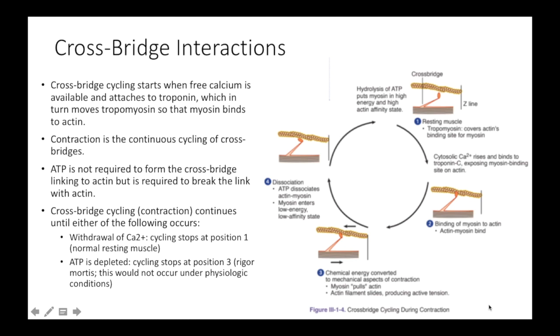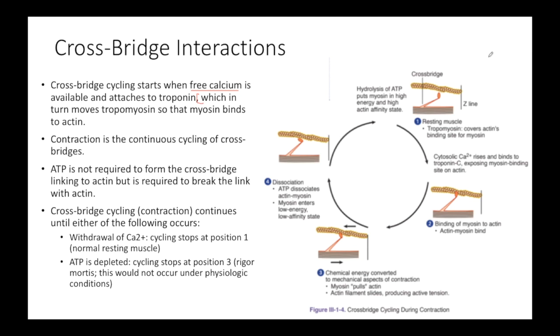So a little bit more about these cross-bridge interactions. Like I said before, the whole cycle begins when free calcium is available and can attach to the troponin C, which moves the tropomyosin so that myosin can bind to actin.